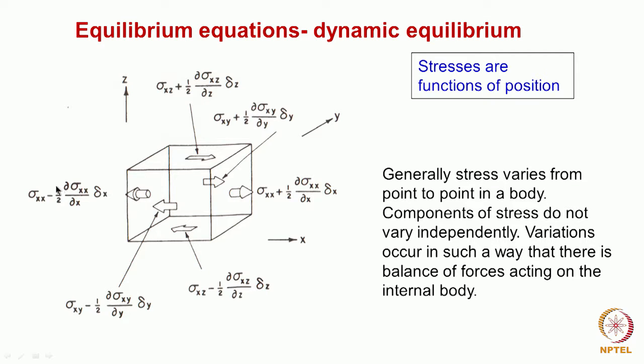Similarly, on the opposite surface it is going to be a negative value, that is, sigma xx is what is there, and in the negative direction it will be minus of it.